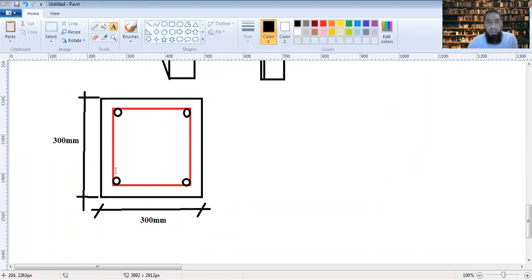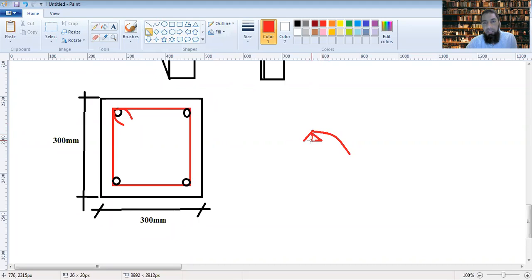the transverse bars could be provided as a single ring, with a hook at the end. This transverse reinforcement is being provided as a single ring with a hook at the end. Then this is the hook, and about this there is a bend.